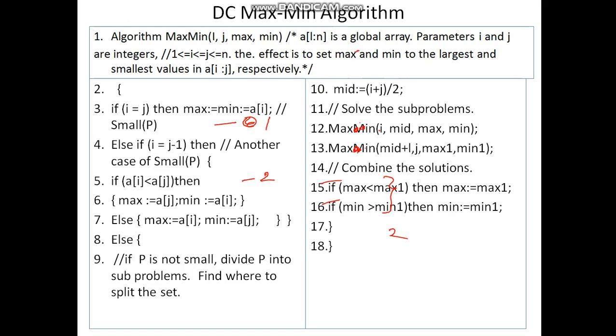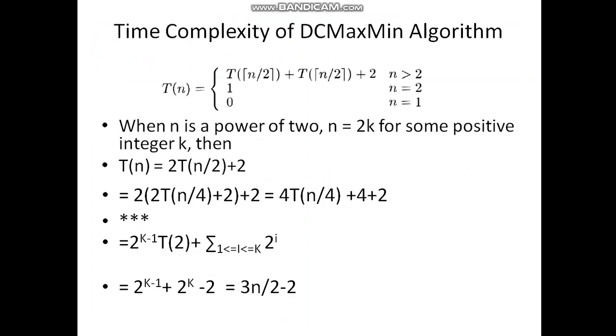I am sorry, I said one here, but it requires zero comparisons. And it requires one comparison, that is the if and else. For another small case, only one if is there and only one comparison is required. So if the problem size is 2, we require one comparison. If the problem size is 1, we require 0 comparisons, and otherwise we divide the problem into two halves.